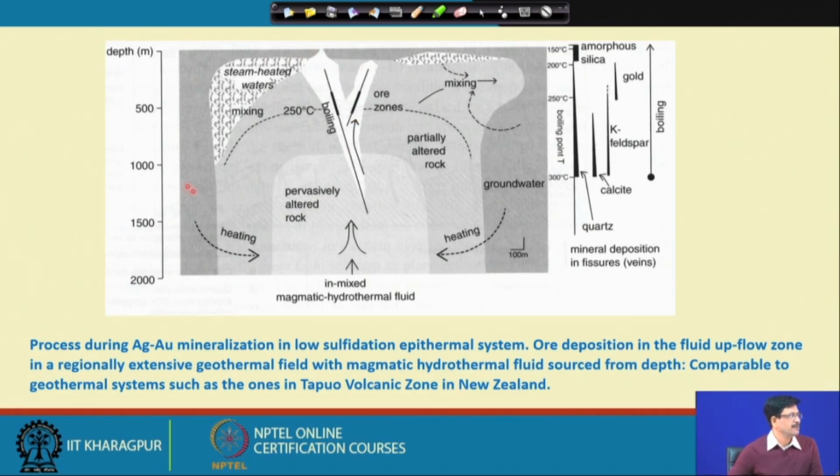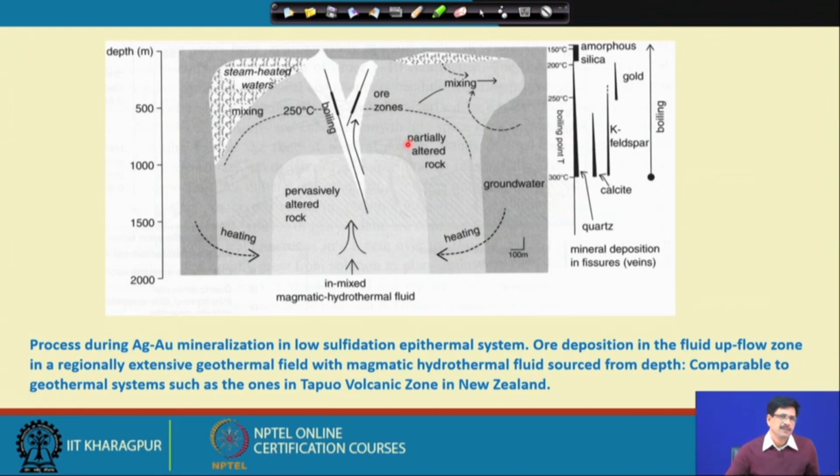There is a hydrothermal convection cell which sets up because of the heat produced by the intrusives at depth, and such fluids in their flow through the subsurface get richer in silica, and they scavenge many of the metallic components, and then in the upflow zone they undergo boiling, which comes out as a very efficient mechanism for deposition of the sulfide minerals from them. So, these systems are very much comparable to the geothermal systems such as the one in the Taupo volcanic zone in New Zealand.